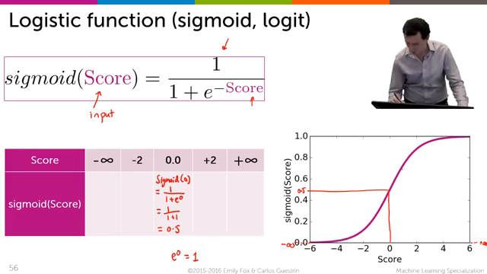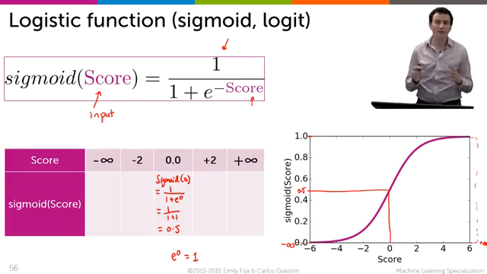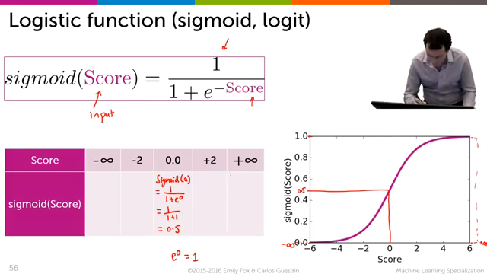You see that the curve keeps going up and up and up, and eventually it hits 1. So the score of plus infinity, which is somewhere out here, the sigmoid of plus infinity turns out to be 1, which is again what we wanted. If the score is plus infinity, we want to put probability 1. So let's actually do that.